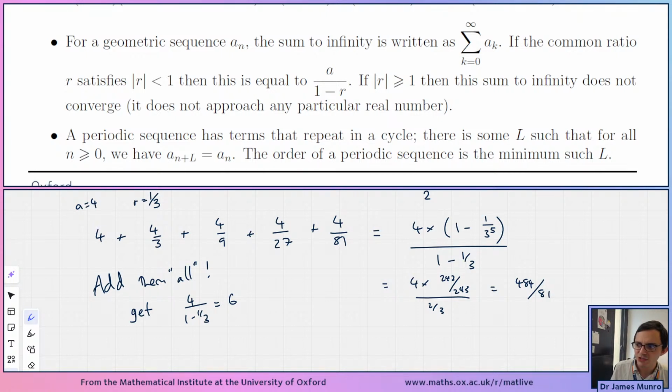So you're not expected to know where these come from, or really you're not expected to know what convergence means, which is a bit weird. In A level you learn the condition is that if the common ratio is between -1 and 1, then the sum to infinity converges.